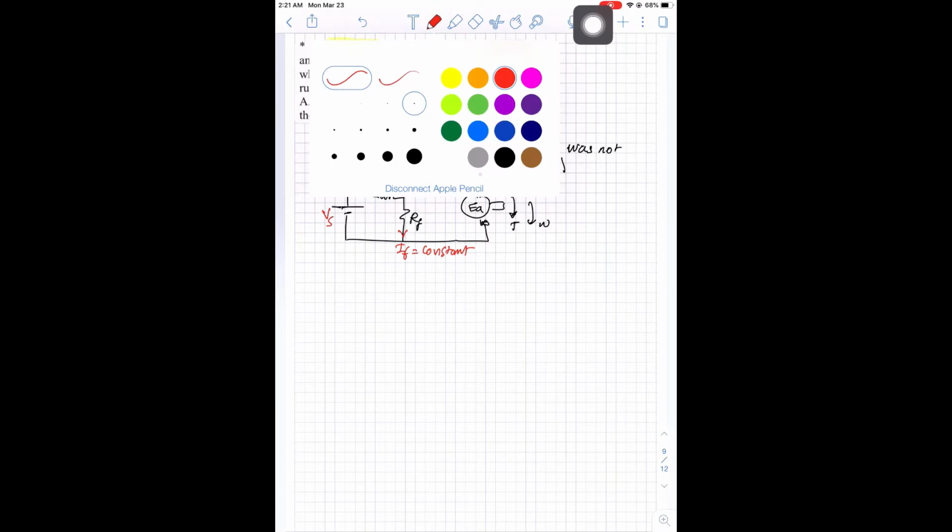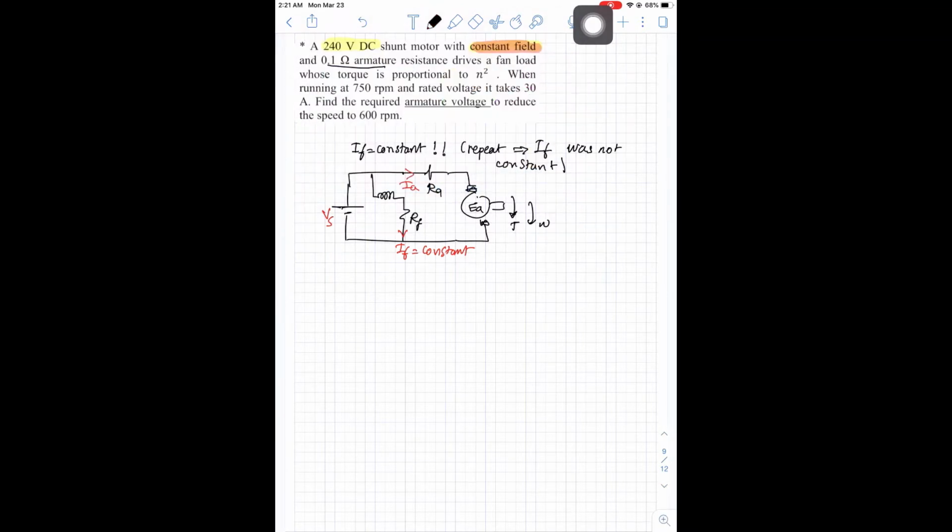Now let's continue. The machine is driving a fan load whose torque is proportional to speed squared.